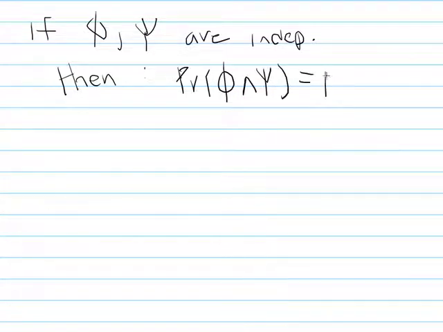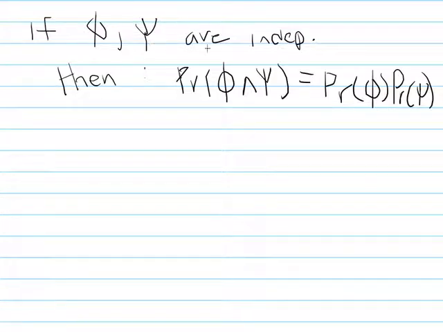If phi and psi are independent, then the probability of their conjunction is simply the probability of phi times the probability of psi.